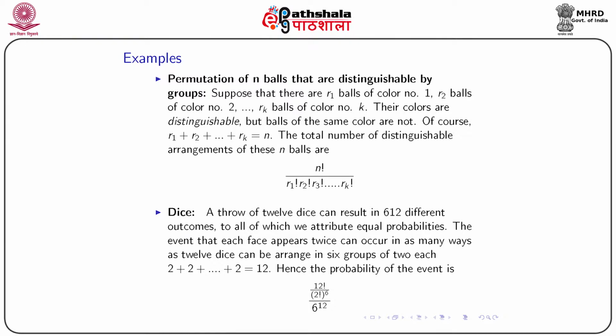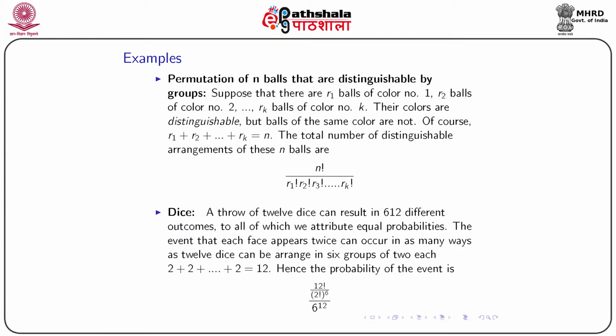Consider another example. We want to permute n balls, and the balls are distinguishable by groups. Suppose there are R1 balls of color number 1, R2 balls of color number 2, Rk balls of color number k. Their colors are distinguishable, but balls of the same color are not.